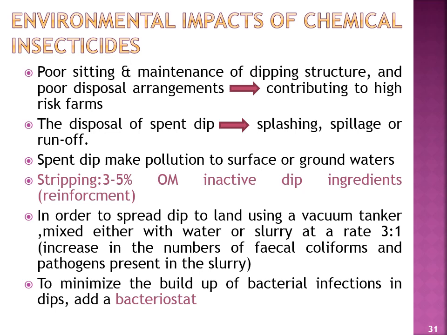So we can add organic matter to the spent dip. The problem is this organic matter from fecal matter could have a lot of pathogens, for example, coliform, strep, clostridium, and all those pathogens could have bad consequences on the environment as well.